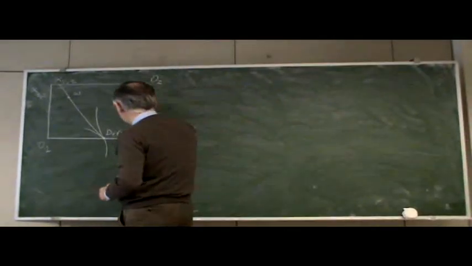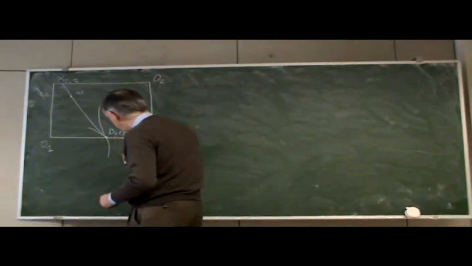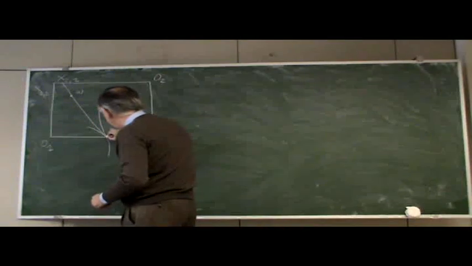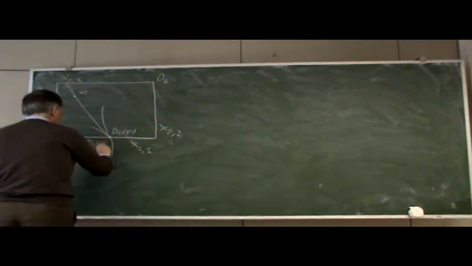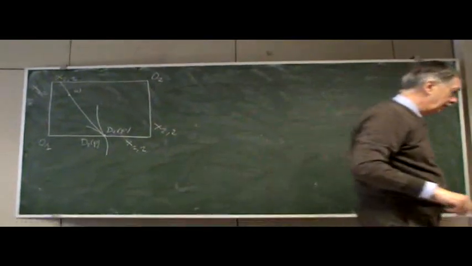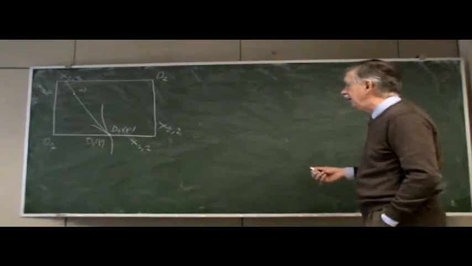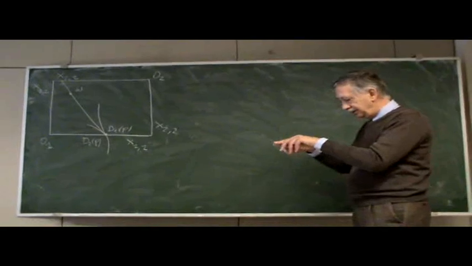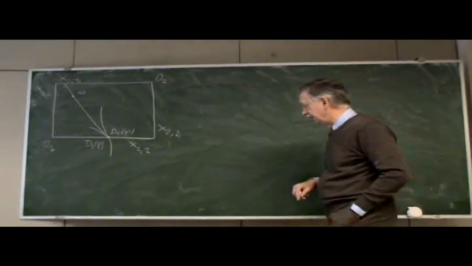For consumer 2, remember that his budget line continues here. The optimal point is another time this. But in this case, the demands of both goods are positive. This is an equilibrium because there is a coincidence between the optimal points.